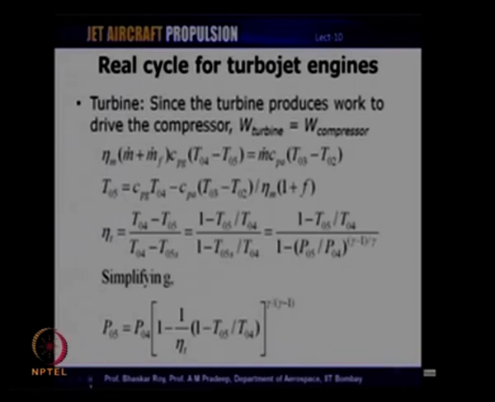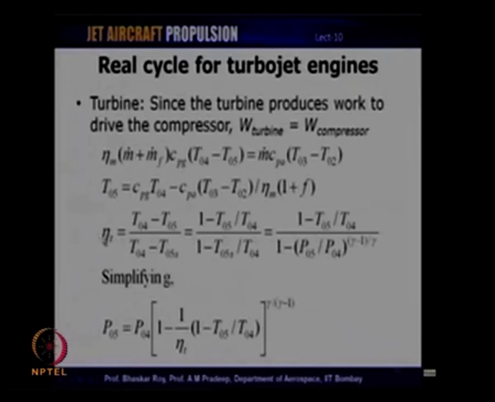The next task is to find out the stagnation pressure at the turbine exit. For that, we will use the efficiency definition. Turbine efficiency is equal to T04 minus T05 divided by T04 minus T05s, where T05s is the isentropic stagnation temperature at the exit of the turbine. We take the temperature ratios now, and so we have here the isentropic temperature ratio, which is equal to the corresponding pressure ratios.